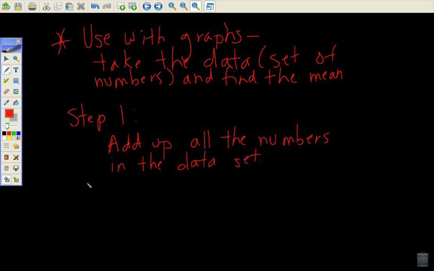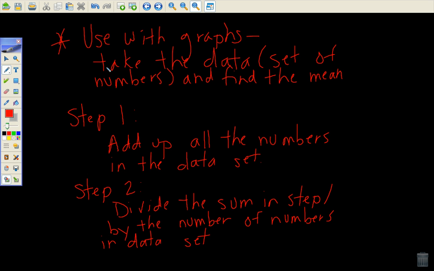Step 2, you have to know how many numbers you added up, and you're going to take your sum from step 1 and divide it by however many numbers there were total. And this is going to make more sense when I do some examples in a moment. Whatever you end up with in step 2 is your mean. Sometimes there will be a remainder, so let's actually do some examples.